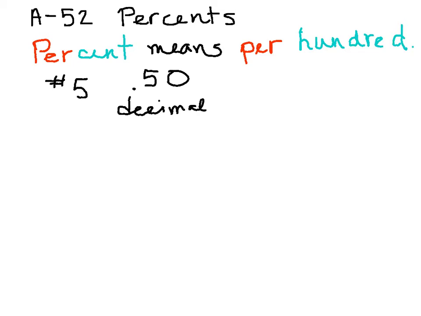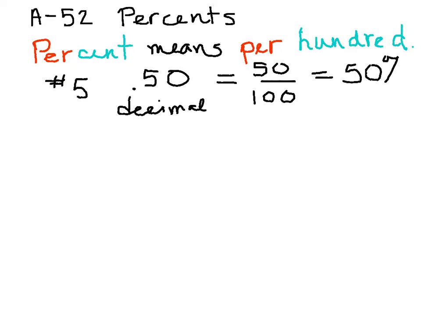The first thing I need to be clear on is this is 50 out of 100, and therefore it is 50%. So if I got 50% on a test, it means I got half of the questions correct.